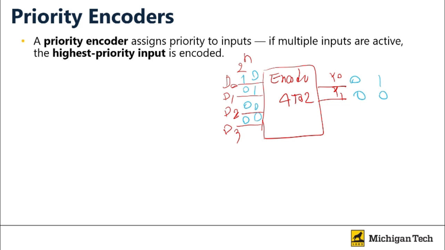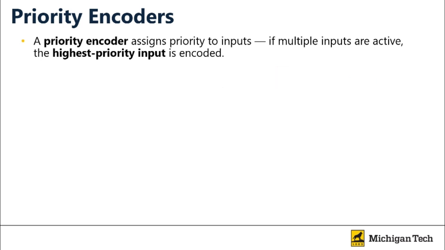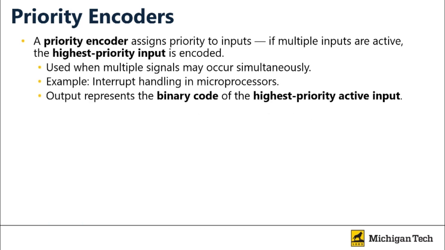Let's see how we can design a priority encoder. So normally when multiple signals happen at the same time, we need priority. Example, interrupts happening in a microprocessor, yes. And the output represents the binary code of the highest priority action.